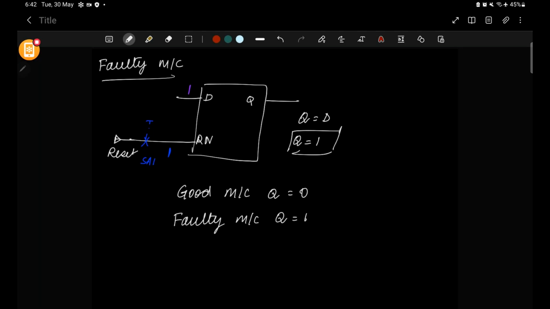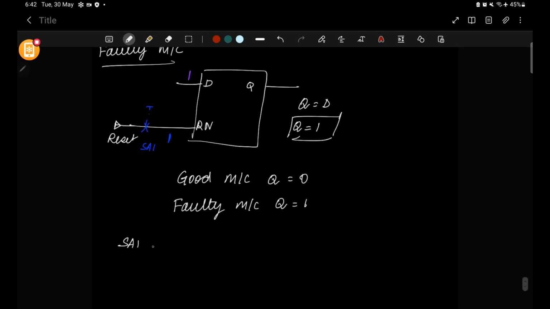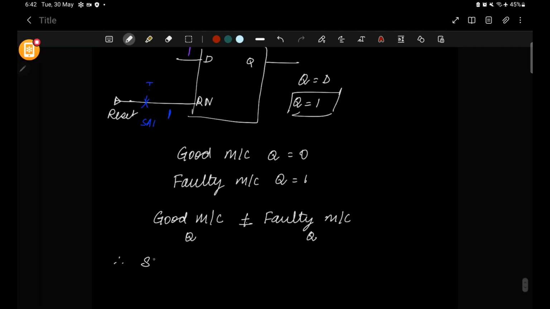Good machine output not equal to faulty machine output means the fault gets detected, according to fault simulation. Therefore, the stuck at 1 fault is detected on the reset net.